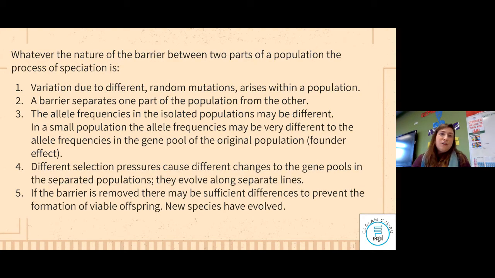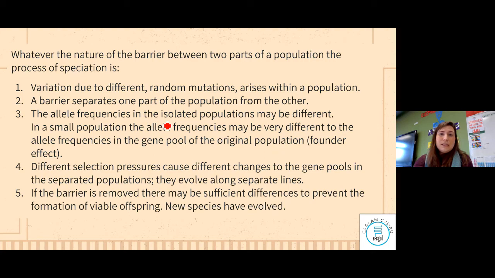So whatever the nature of the barrier, whether it's geographical or reproductive, between two parts of a population, the process of speciation is this: variation due to different random mutations is normal within a population. A barrier, whatever the barrier is, separates one part of the population from the other.